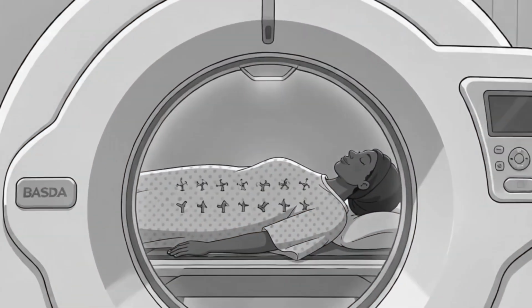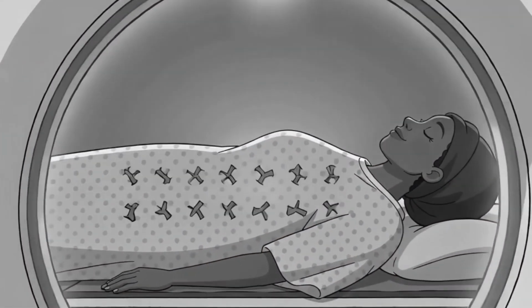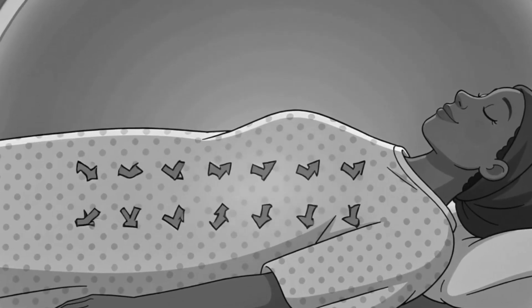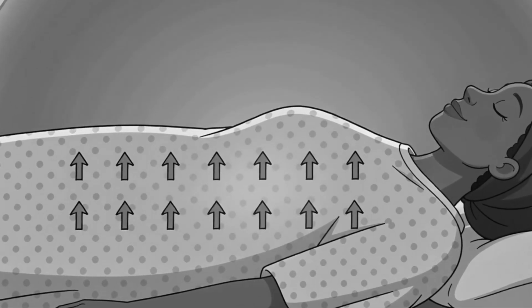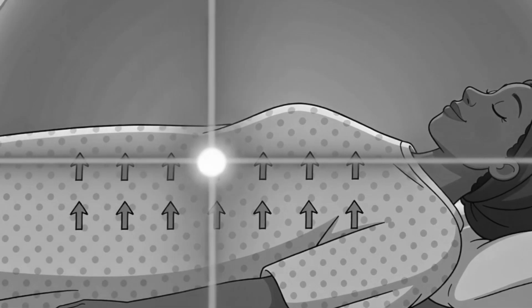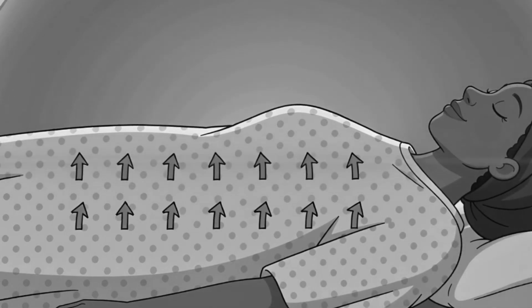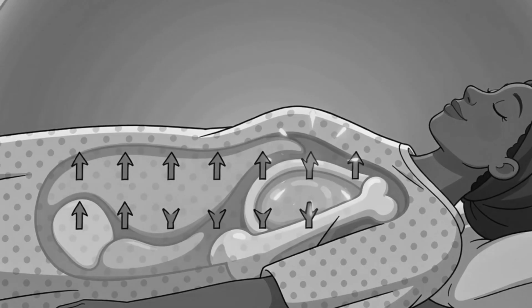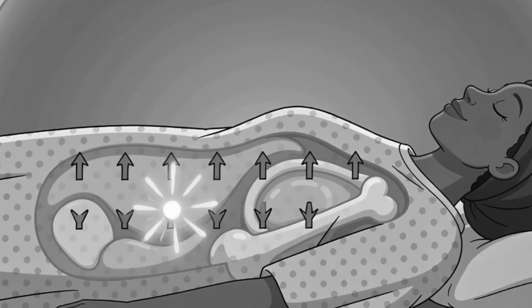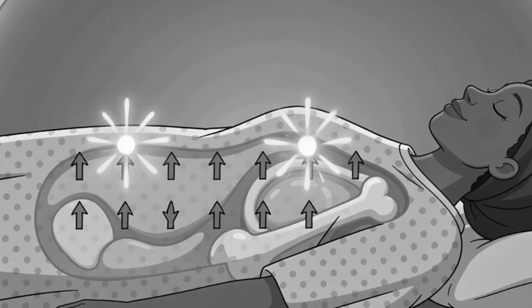Once you subject that hydrogen atom in water to a strong magnet, it aligns itself with that magnet. But again, when you subject that to a radio frequency, it bends down by 90 degrees. So if you pulse this radio frequency, it goes back.